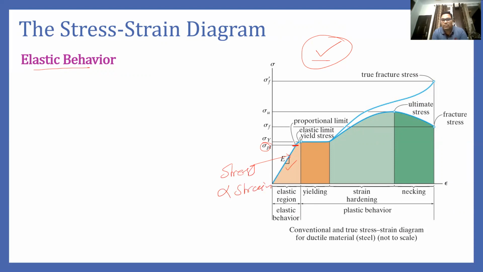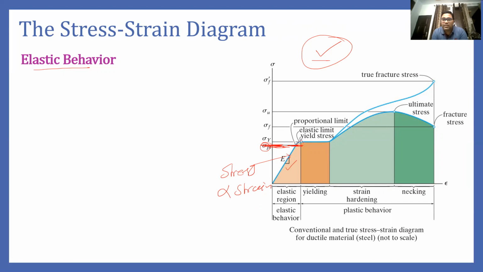Now, if we increase the load, the line will become curved. What does it mean? It means if we apply load up to this point in the steel bar, then after removal of the load, it will regain its shape instantly.